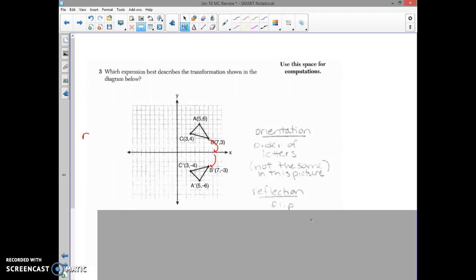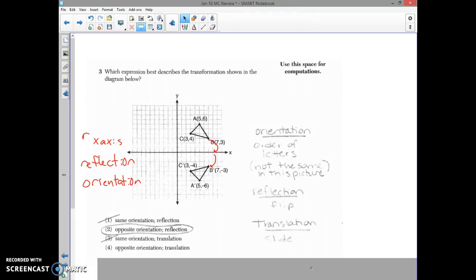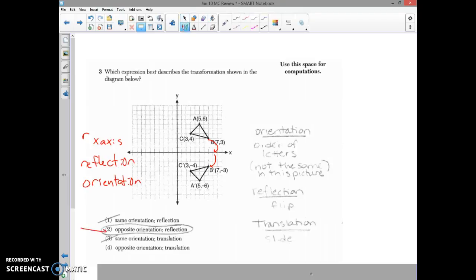I remember that reflections change the orientation or change the lettering. So that's what I'm going to look for in my answer here. Opposite orientation and reflection. Nice. Easy question.